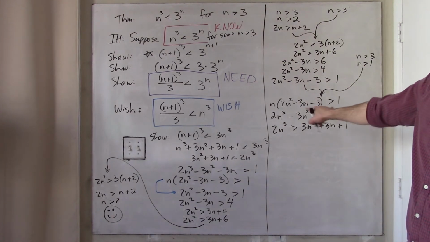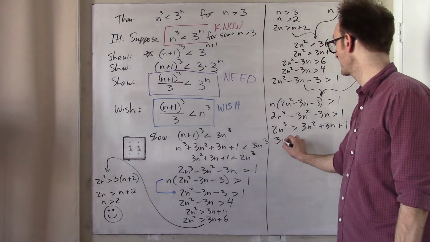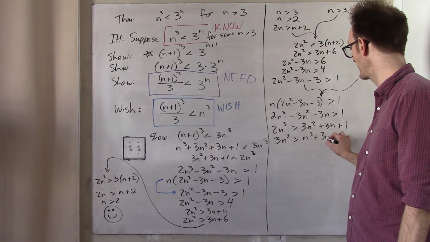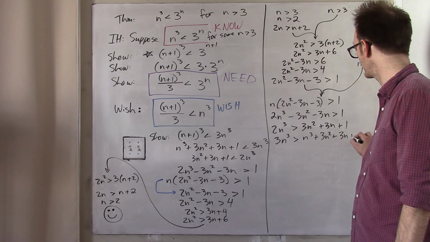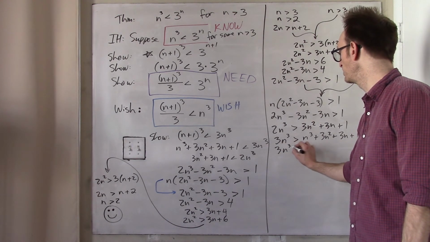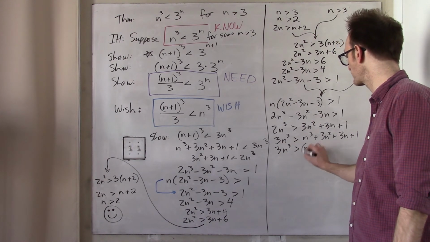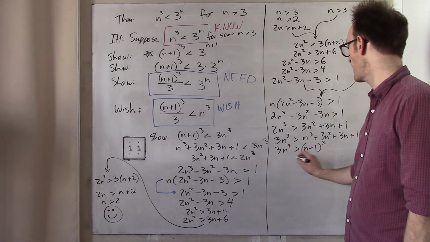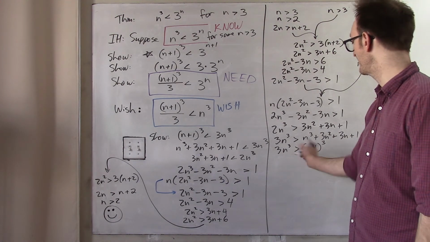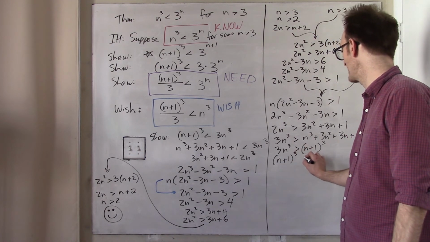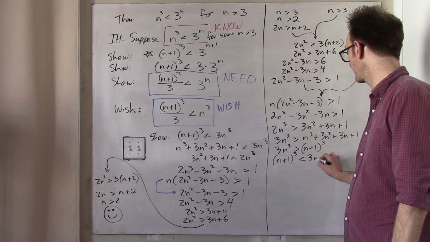Now I add n cubed to both sides of that, so that gives me 3n cubed is bigger than n cubed plus 3n squared plus 3n plus 1. So that shows that 3n cubed is bigger than n plus 1 cubed. Almost there. And so, flipping this inequality, that means that n plus 1 cubed is less than 3n cubed.